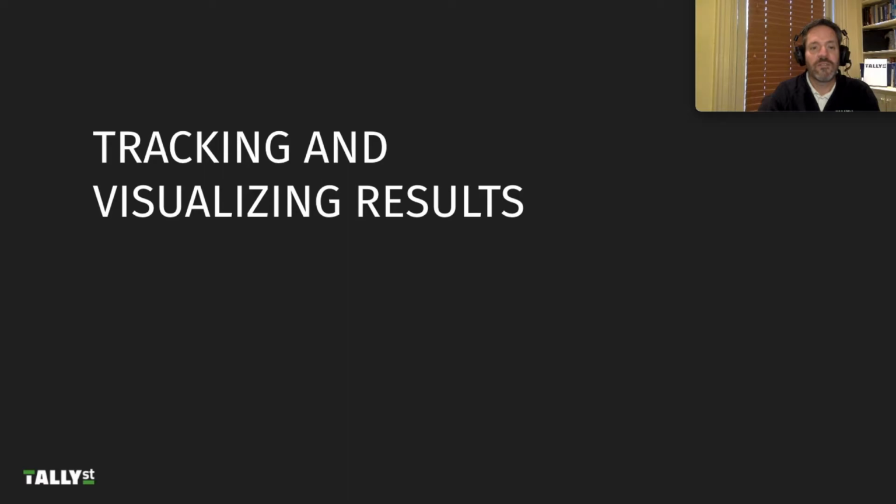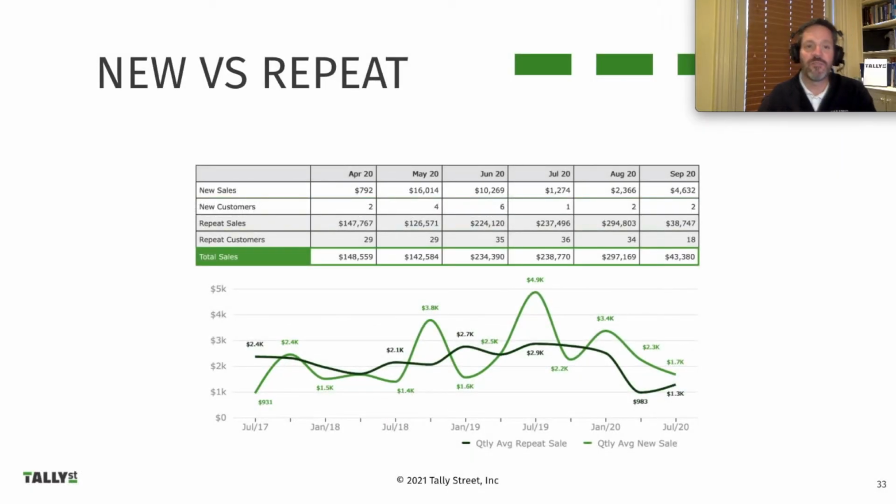So let's look at some of these results on charts. I think it's an easier way for them to sink in and to talk about some of the trade-offs. If you're just getting started with retention metrics, one of the simplest things to do is just look at new versus repeat sales.